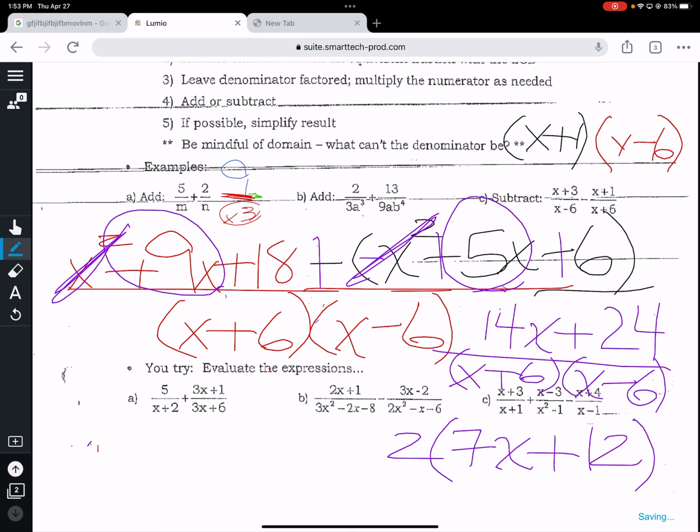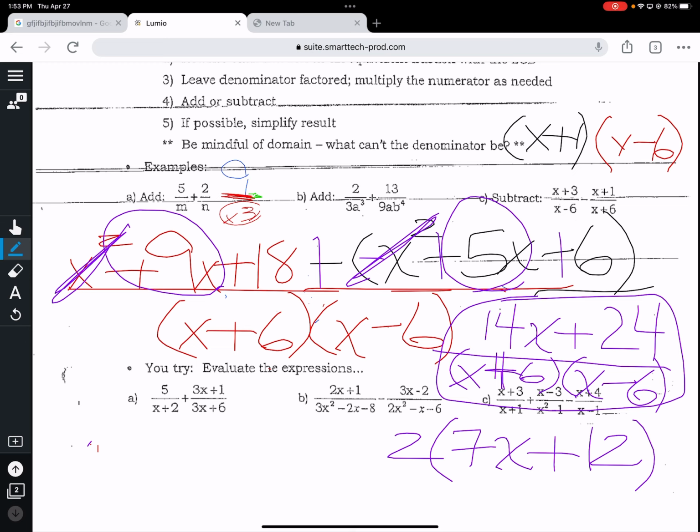Now, you take a quick glance at this. Does that give us an x plus 6 or an x minus 6? No, so we leave it 14x plus 24 over x plus 6, x minus 6. You want to be sure that they can't cancel out anything. Excluded values, negative 6 and 6.